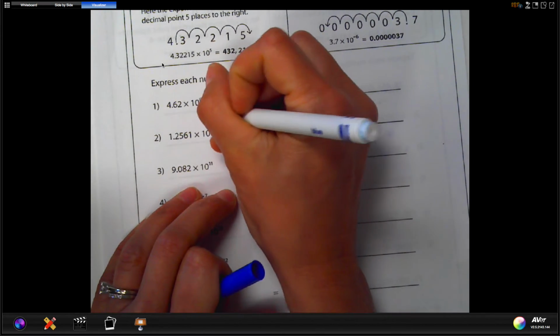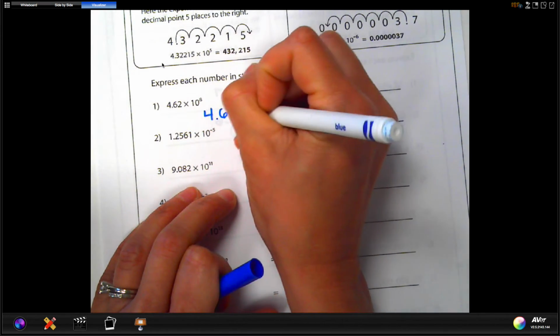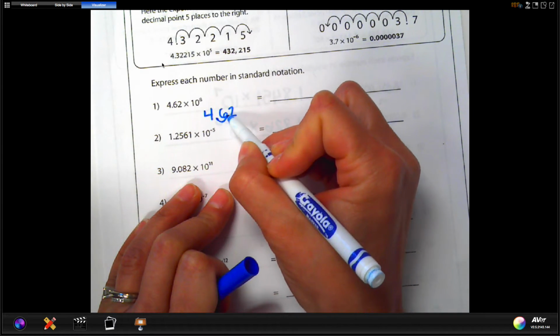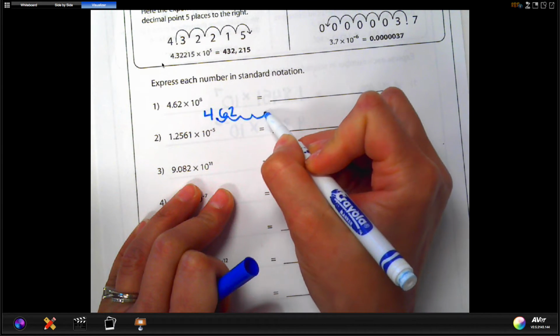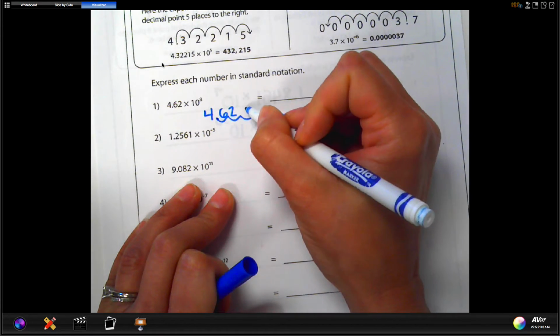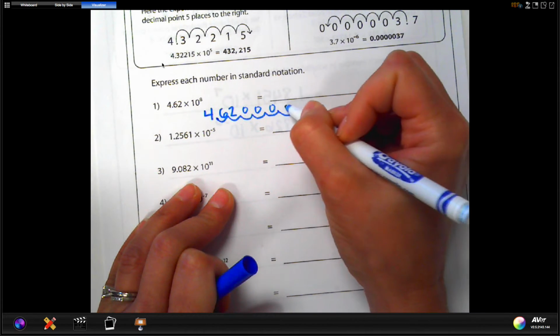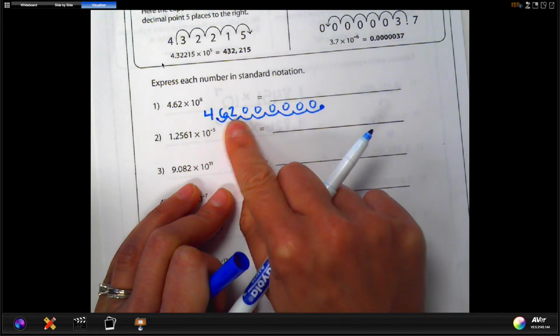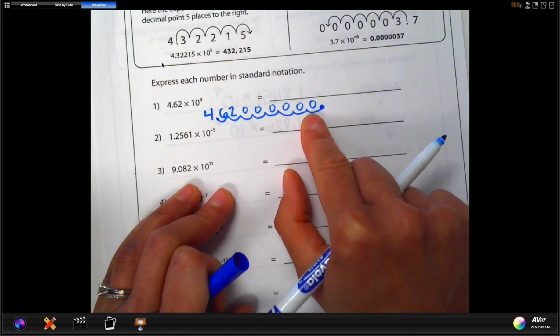We're going to say 4.62, and we're going to move 8 spaces. We need to make this a big number. 1, 2, 3, 4, 5, 6, 7, 8. Fill those in with zeros. Again, not 8 zeros. How many? 2 of them are taken up by the 6 and 2, leaving us with 6 zeros.